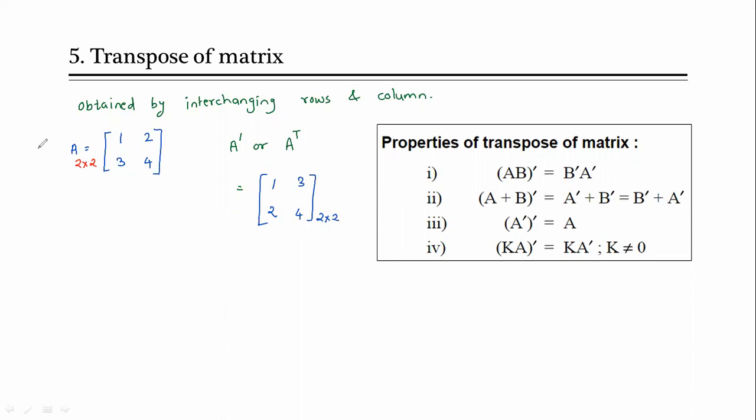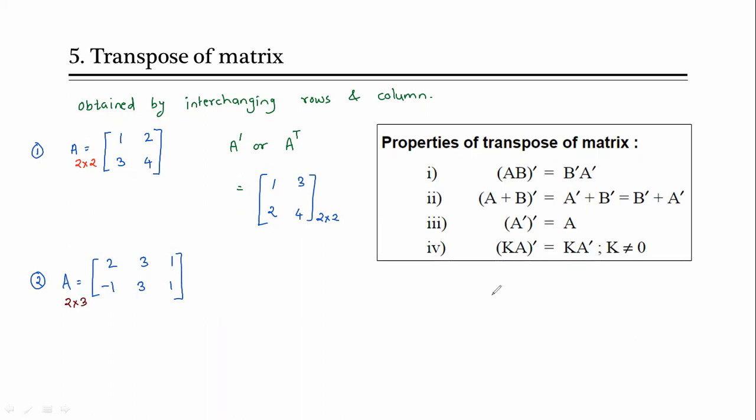Okay. Let us take one more example. Example number 2. Suppose matrix A is 2, 3, 1, minus 1, 3, 1. Now, can you tell me what is the order of this matrix? There are 2 rows and 3 columns.